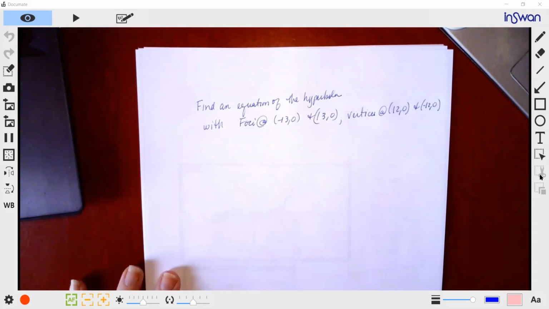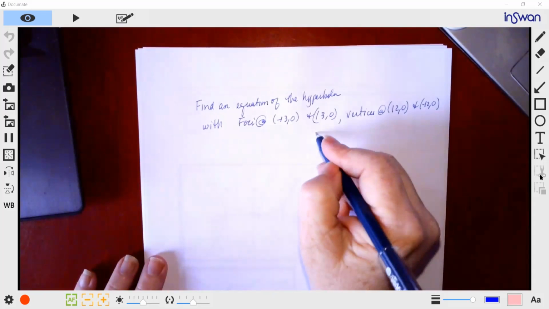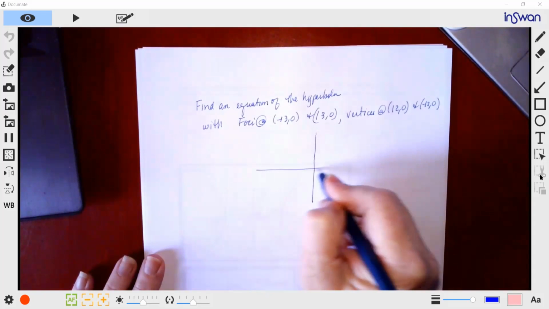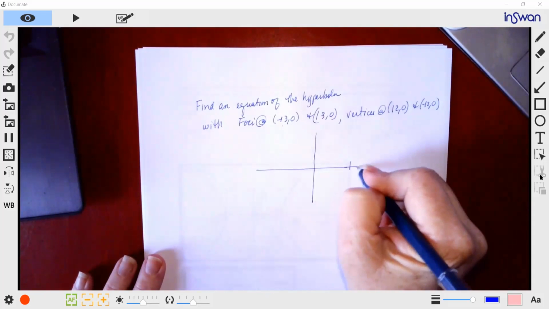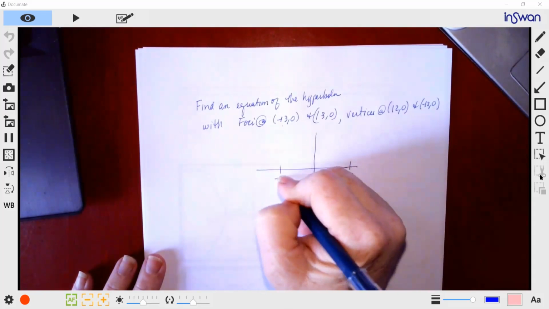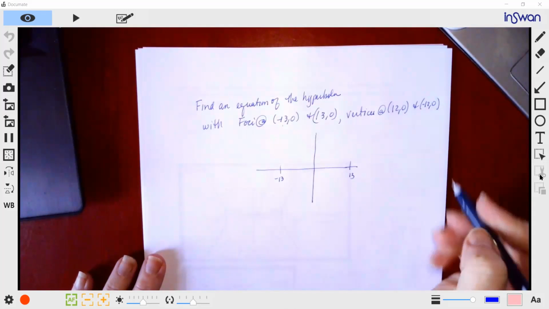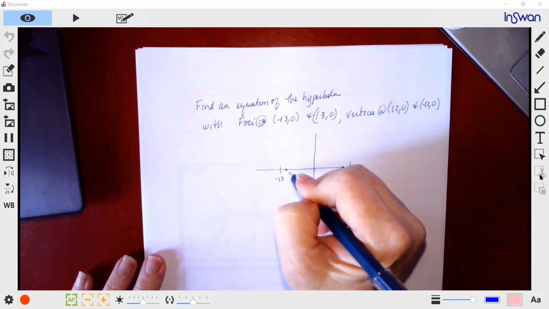Okay. When they give me information like this and I'm asked to find the equation, usually what I do is I try to draw it out so I can think about it a little bit. I have a focus at 13, 0, so I'm going to call this 13, 0 and -13, 0. I have a vertex at 12 and at -12.